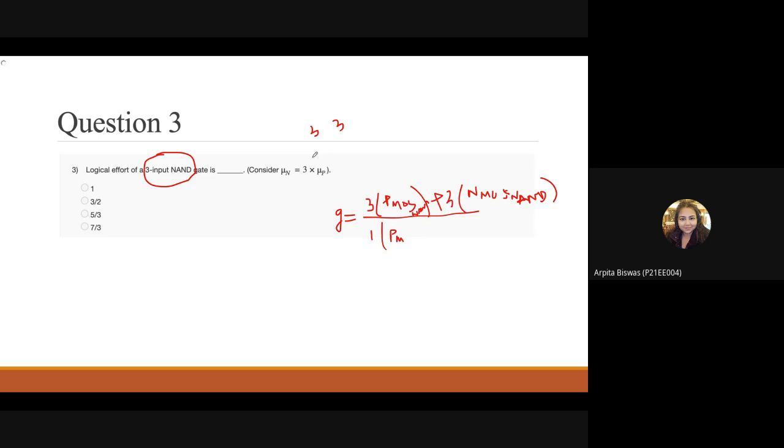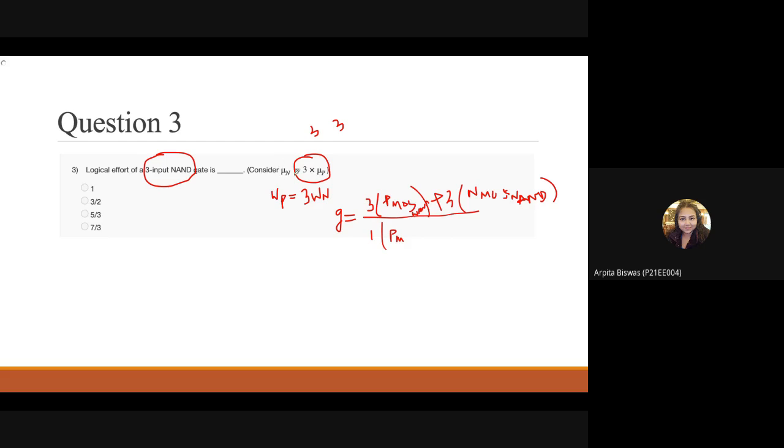But here this is given: mu n equal to thrice of mu p. So we can say WP, the width, is equal to thrice of Wn. Sorry, Wn.